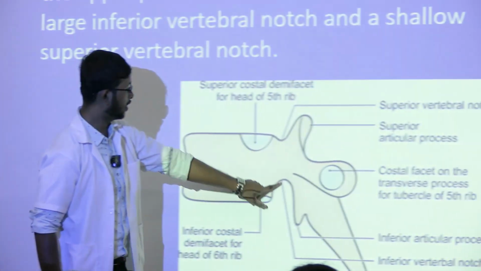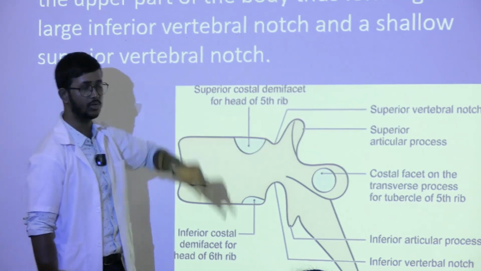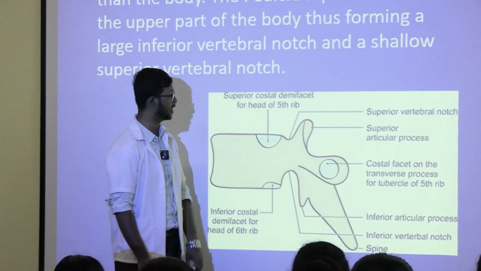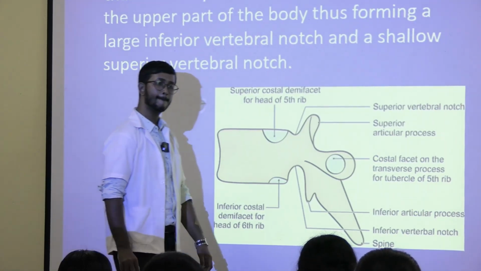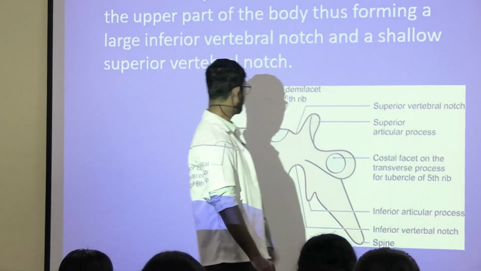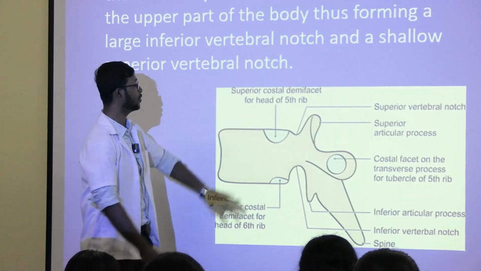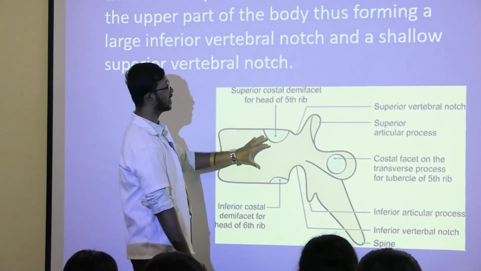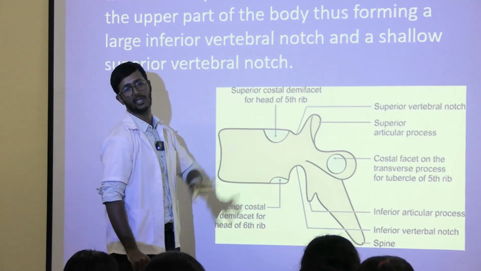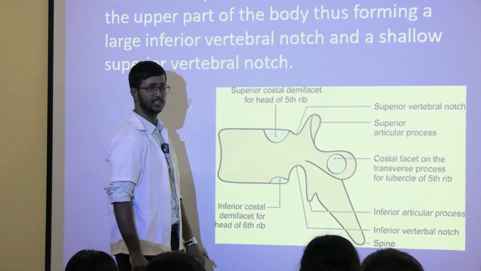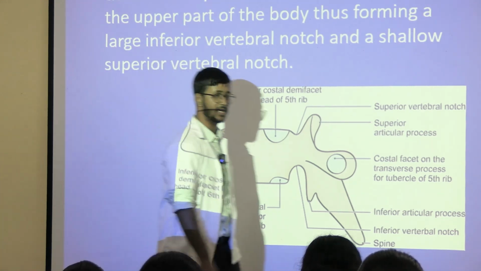Then these notches have been covered, through which the dorsal and ventral rami of the spinal nerves come. These are not made by the pedicle alone; they are formed partially by the pedicle, but mainly due to its narrower diameter.